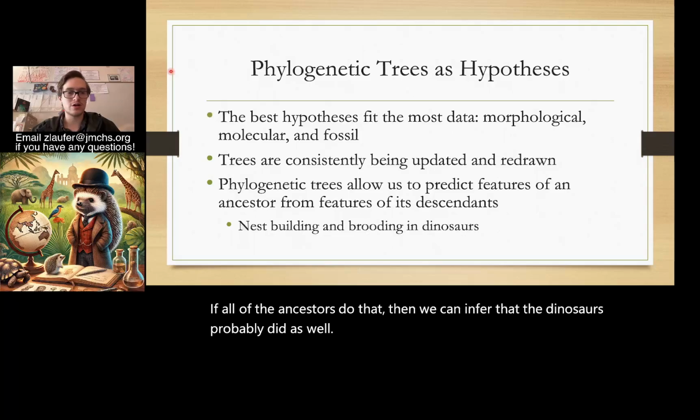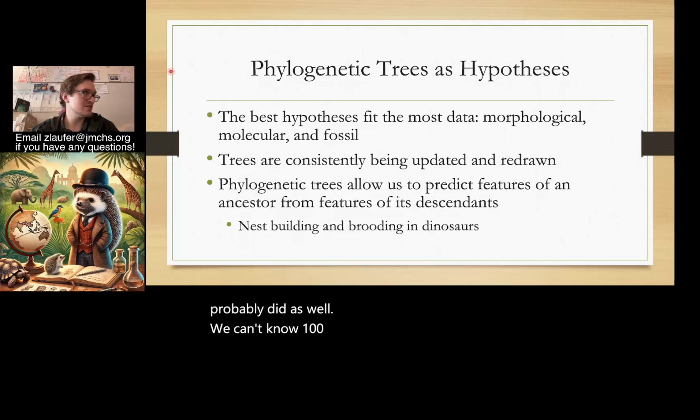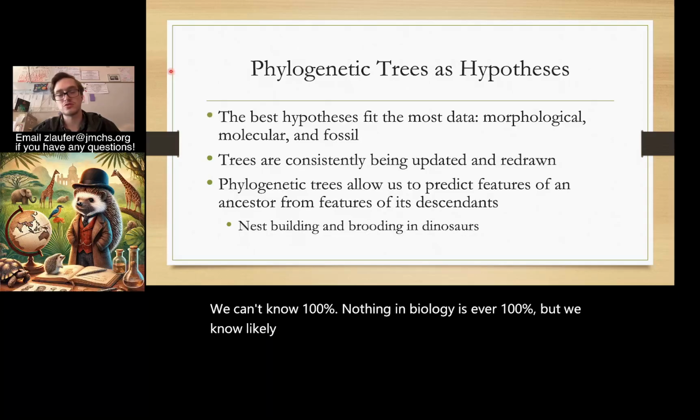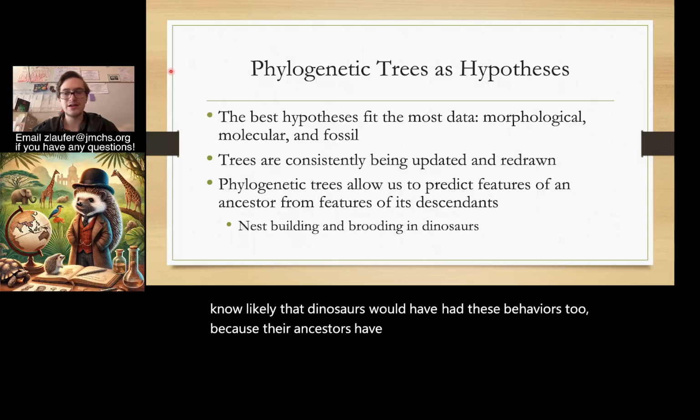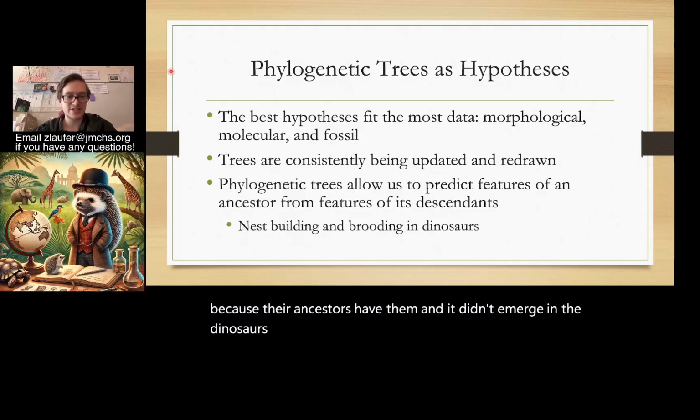We can't know 100%, nothing in biology is ever 100%, but we know likely that dinosaurs would have had these behaviors too, because their ancestors have them, and it didn't emerge in the dinosaurs. So, it's a hypothesis, it's a good guess based off data, but they are not absolute.